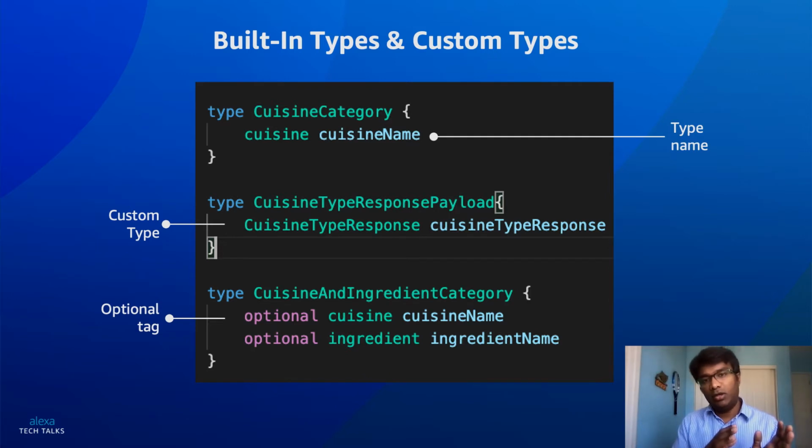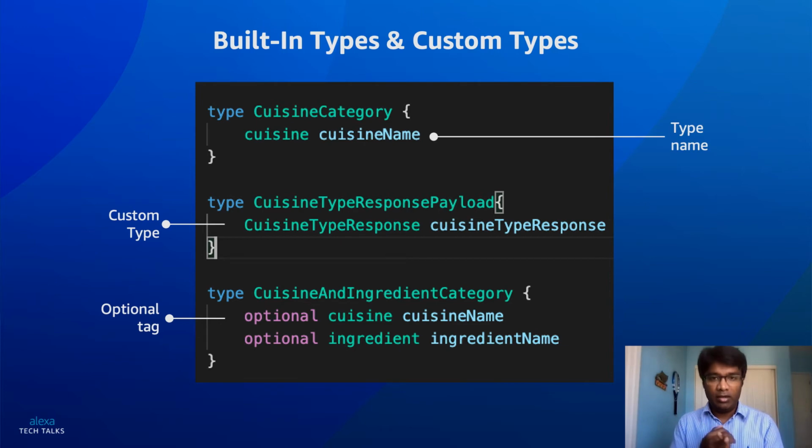So the ACDL types define data structure, just like in any other programming language of choice, be it Python, C, C++, Java, and so on. The data types in ACDL are declared with a reserved keyword called type. With that, you can create 3 types of data types.